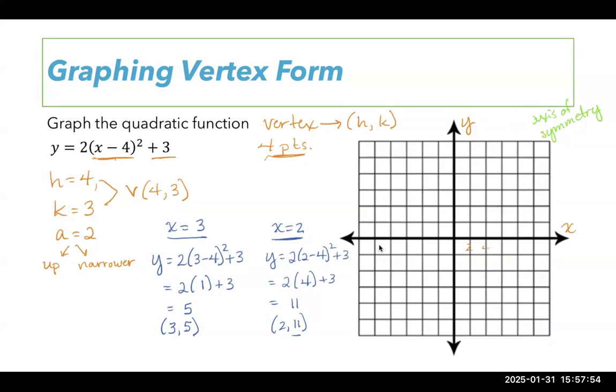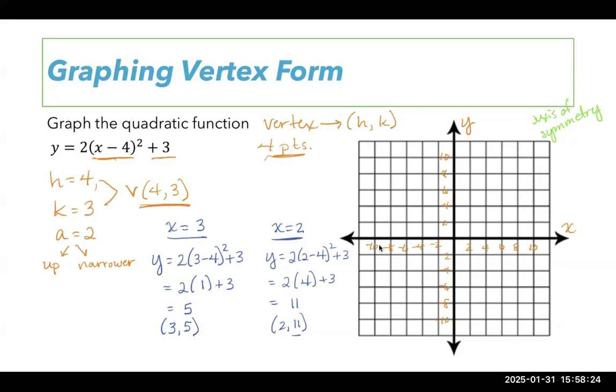Okay, so 2, 4, 6, 8, 10. 2, 4, 6, 8, 10, and then the negative direction as well. Now, you do not necessarily need to label every one of these lines, but you do need to label something to show what kind of scale you're using.